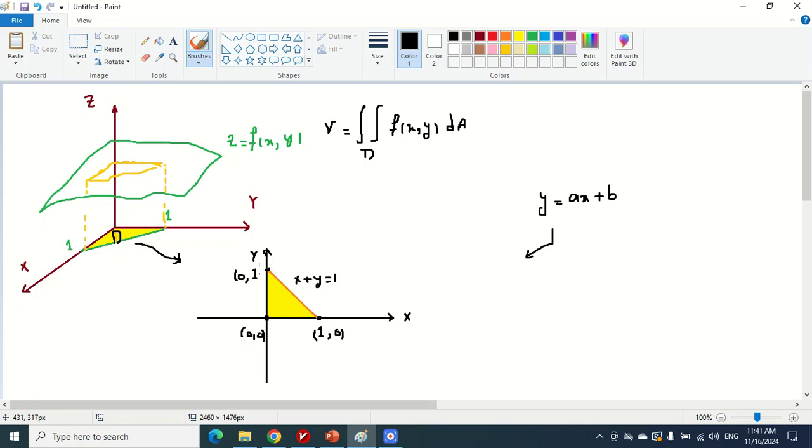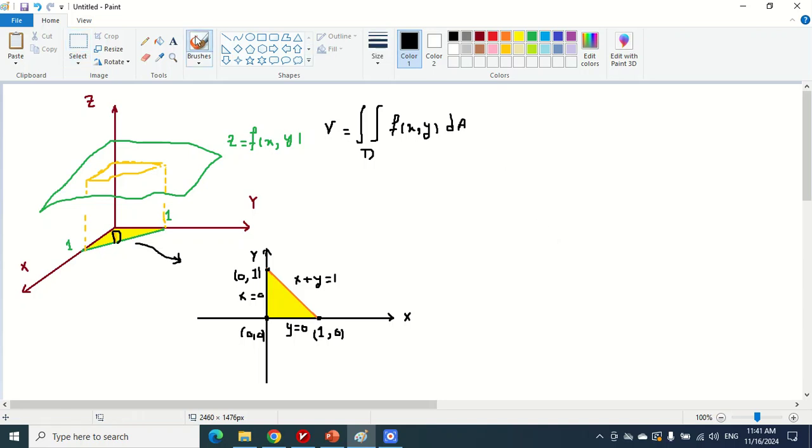So I first determine the vertices of the triangle. Then the lines, or sides, of the triangle: one side is x plus y equal to 1, which I wrote here, another is y equal to 0, and the other is x equal to 0. So it's very important to determine clearly all the sides and vertices of this triangle, or any shape given to you, to calculate the integral.